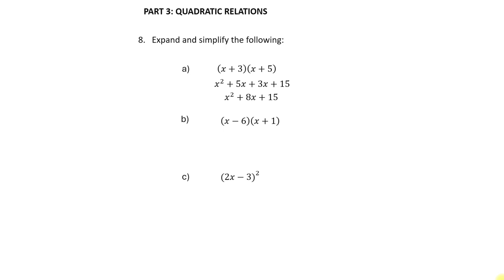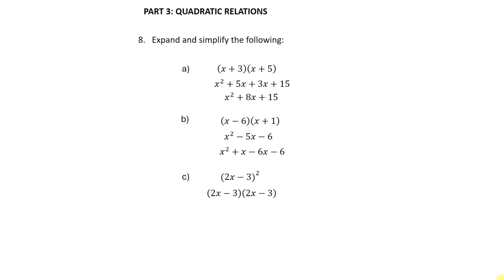Part B, again, we FOIL these two together and end up with x squared minus 5x minus 6. And for C, we're given a situation where we have the brackets squared like this. My suggestion to you is that you write it out as two different brackets.